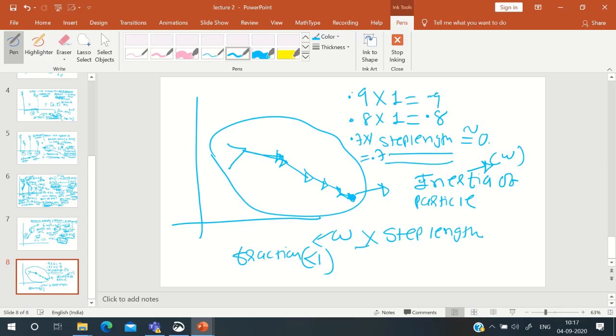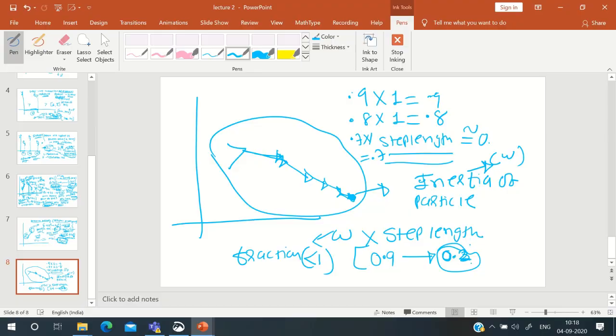So typically we start the inertia constant from 0.9, and up to the last iteration, it is gradually decreased by using a specific formula. Later on we will see that formula, and ultimately it will reach 0.3 or 0.2. So in the last iterations, the step length is multiplied by 0.3 or 0.2.